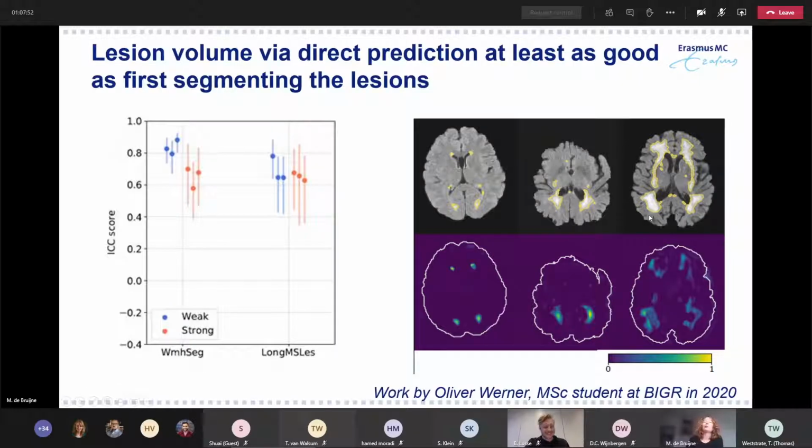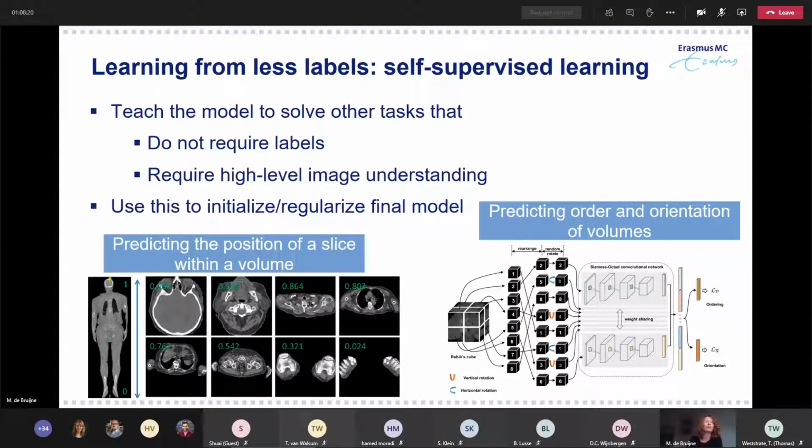If you train a model to only predict those volumes and compare that with a model that first segments all the pixels that belong to a white matter hyperintensity and then computes the volume, the direct prediction is at least as good, actually slightly better than the indirect prediction going via the segmentation. So that's a very interesting new result that we hope to publish and was made by a master student recently.